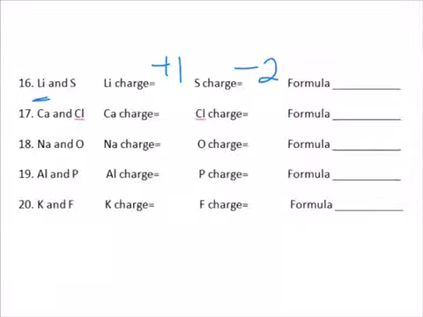Then you're going to write your formula for lithium sulfide, which would be the compound name. 1, 2, let's practice with the reverse. 1, 2 is going to give us 2, 1. 1, 2, 2, 1. It's going to take 2 +1s to cancel out that -2.